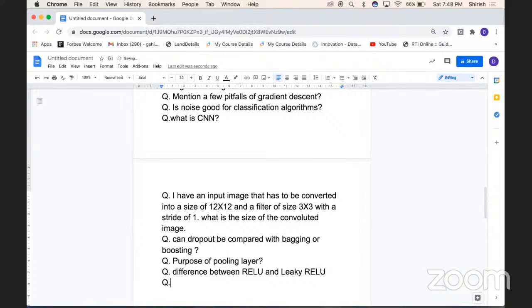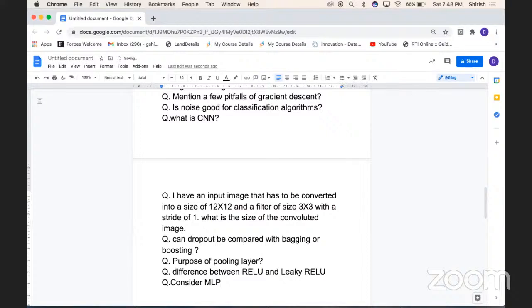Now, see. Consider a normal, simple multi-layer perceptron. Consider MLP.